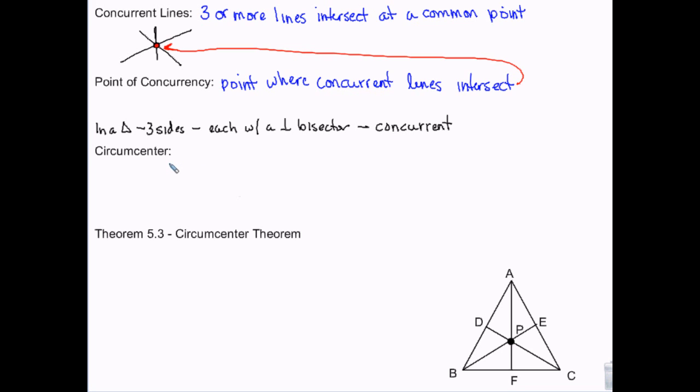So the 3 perpendicular bisectors are concurrent and they meet at what's called the circumcenter. So this is the point of concurrency for the perpendicular bisectors of any triangle.